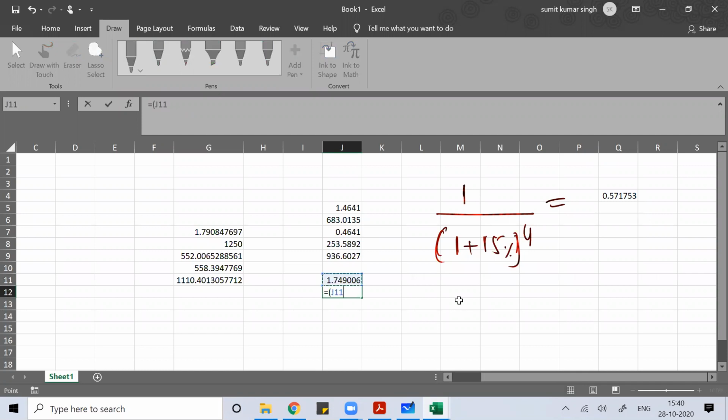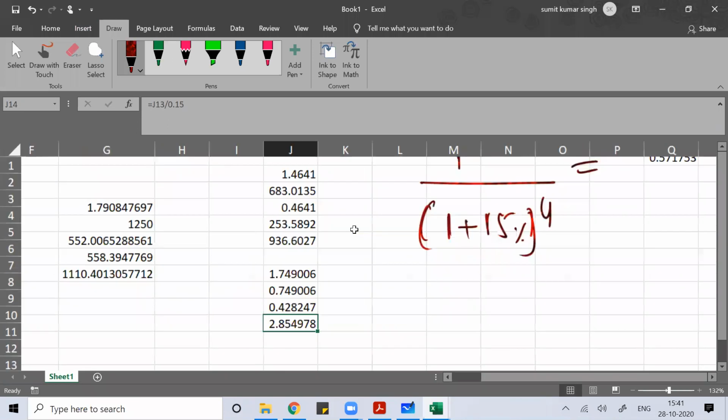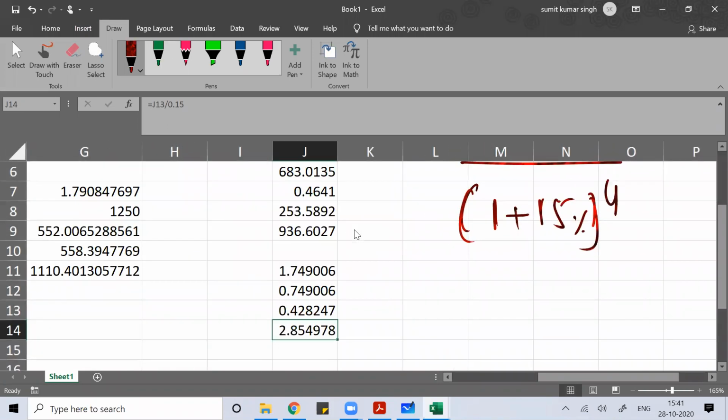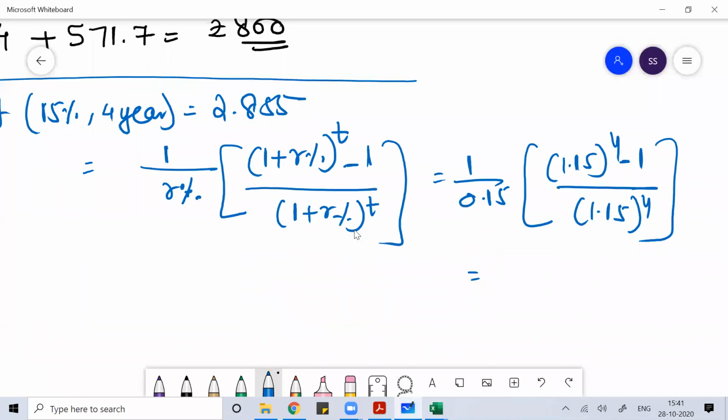This minus 1, divide this by this, and then divide by 15%. You'll get this value, the value I told you. This is the value I saw from the annuity table, 2.854. So I proved it mathematically.